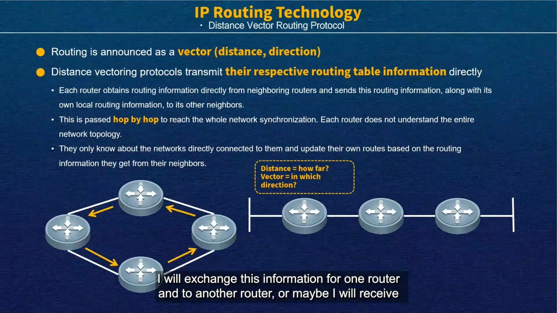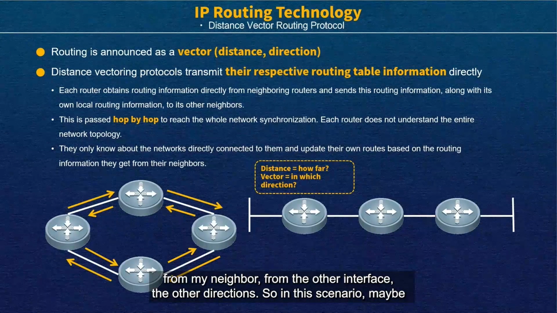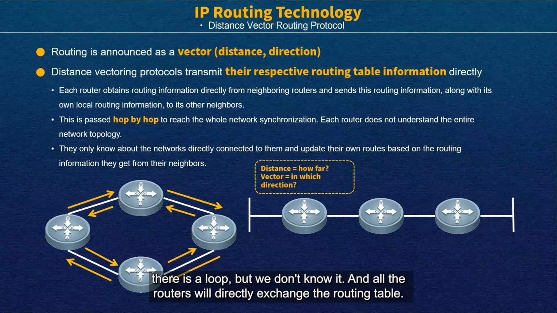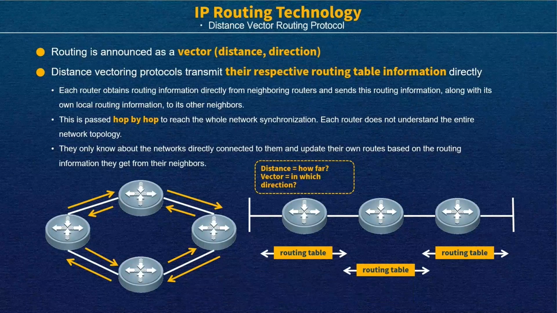I will exchange this information from one router to another router, or I may receive it from my neighbor on another interface, from other directions. So in this scenario, maybe there is a loop, but we don't know it. All the routers directly exchange the routing table.